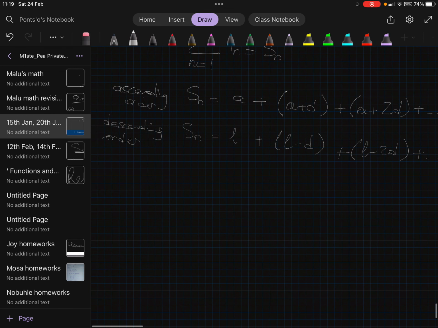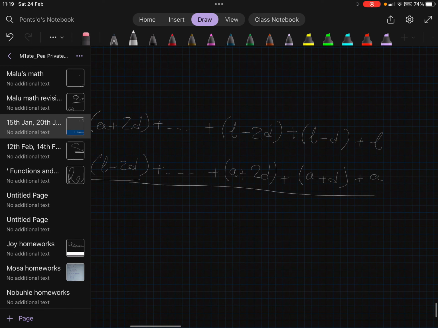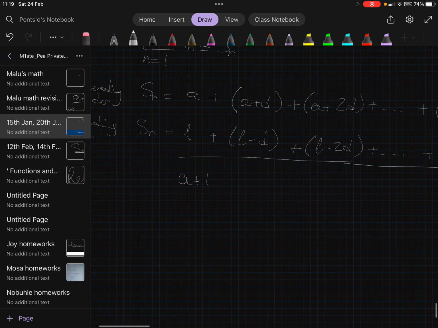Then when you add all of these up, what ends up happening is you have first term plus last term for all of them, right? Because the common differences, twice the common differences, etc., they all result in 0, and you could say cancel out.